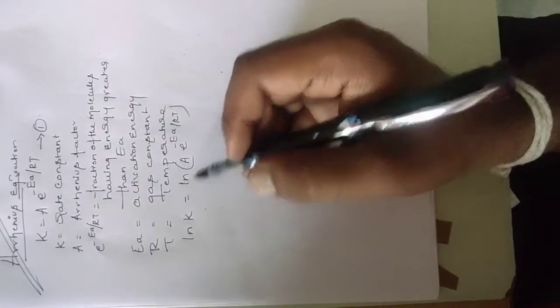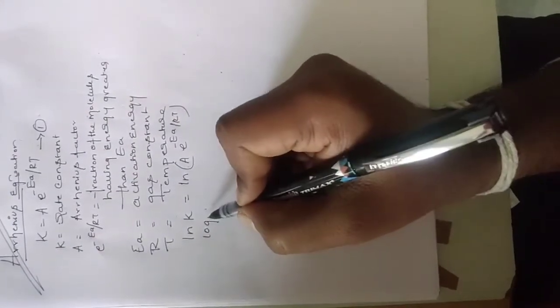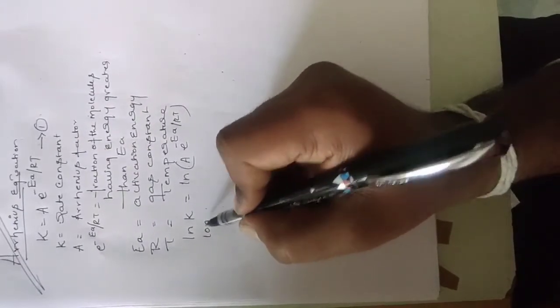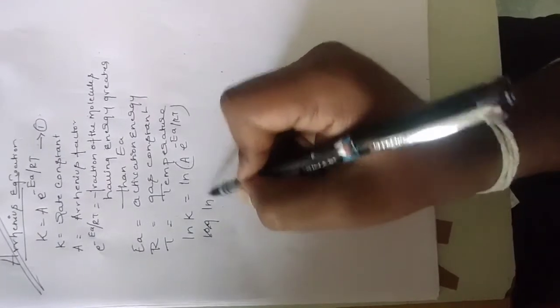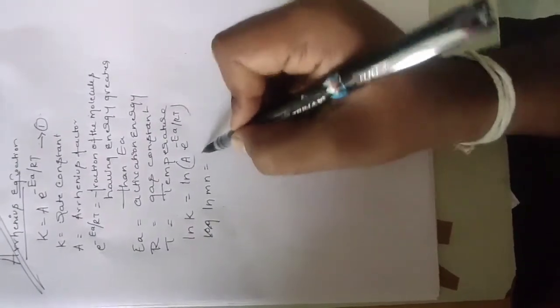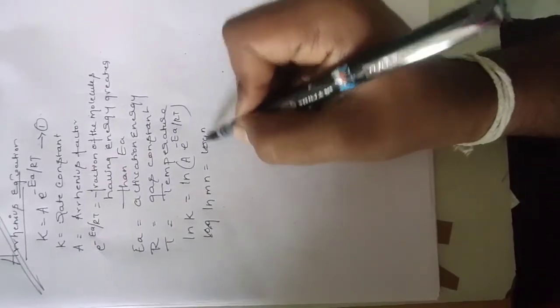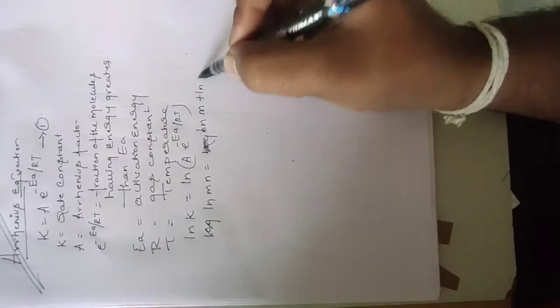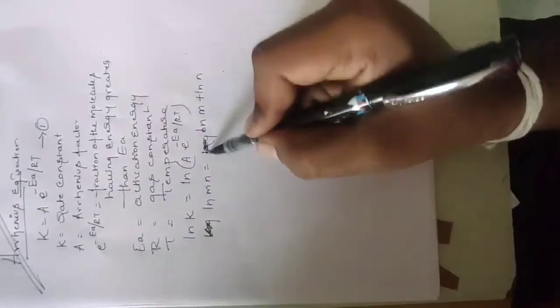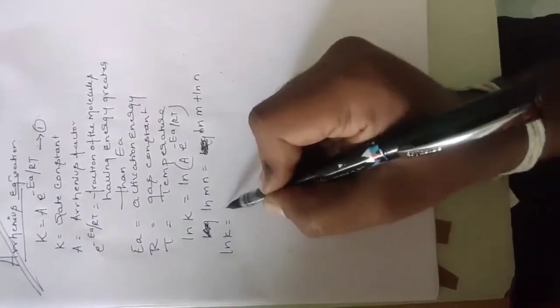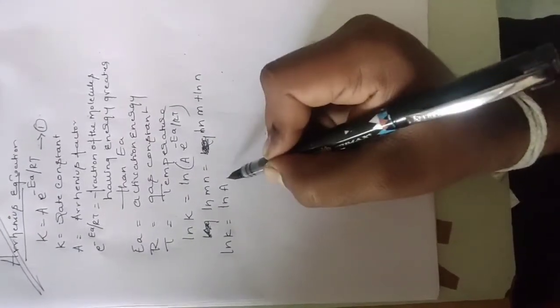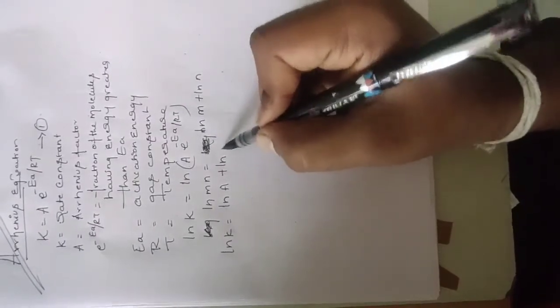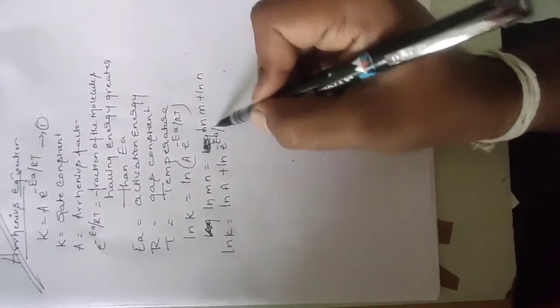It is in the form of ln mn is equal to ln m plus ln n. Do you understand here? We will write ln k is equal to ln A plus ln e to the power of minus Ea by RT.